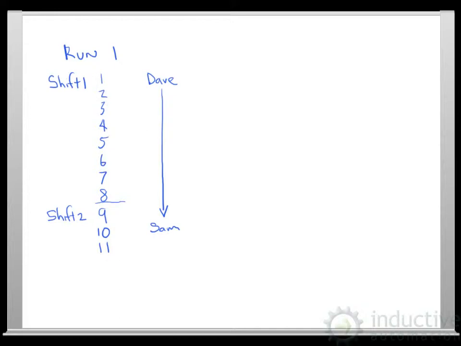So if we pull out and we say in the analysis, for run 1, who is the operator? By shift.